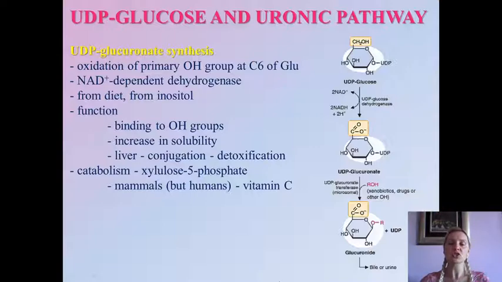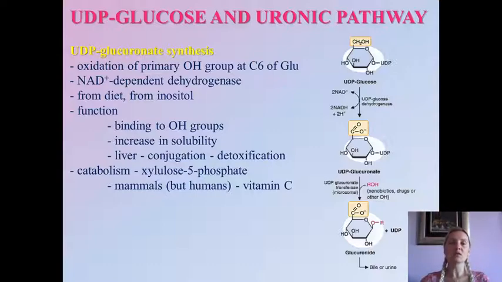The major function of UDP-glucuronate is binding to OH group of numerous molecules containing it, thus increasing its solubility. The major portion of UDP-glucuronate is found in liver, and the process of binding of UDP-glucuronate to OH group of those molecules is called conjugation, which is the major pathway of detoxification processes in the liver.